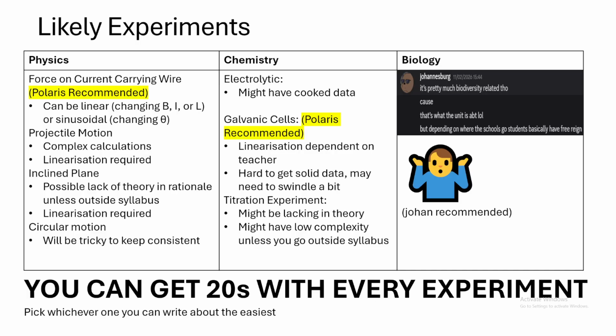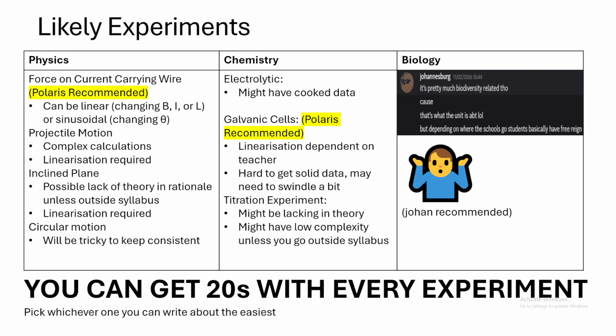So, likely experiments. For physics, like I said, you will be looking at certain equations and formulas from Unit 3 content. These are formulas you can often find in your formula book. With a force on a current carrying wire, which is what Polaris recommends, you should be modifying the F equals BIL sine theta equation.